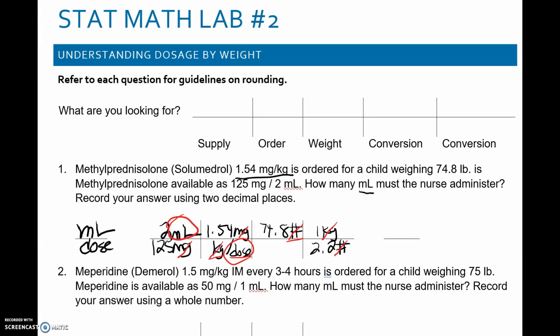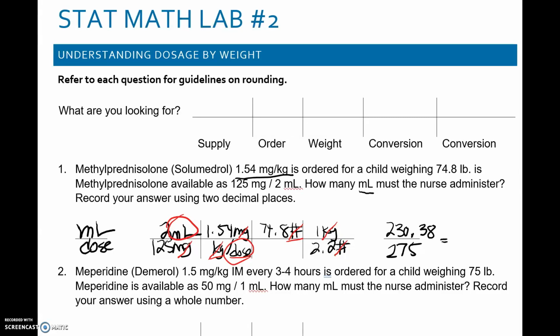per dose. The next thing to do is just straight multiply across the top. 2 times 1.54 times 74.8 equals 230.38. If we multiply across the bottom, 125 times 2.2, we get 275. Okay.